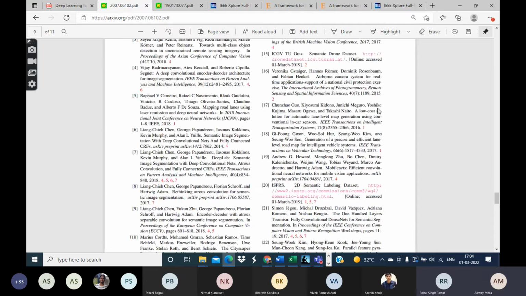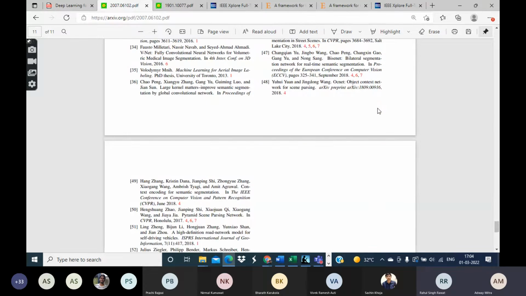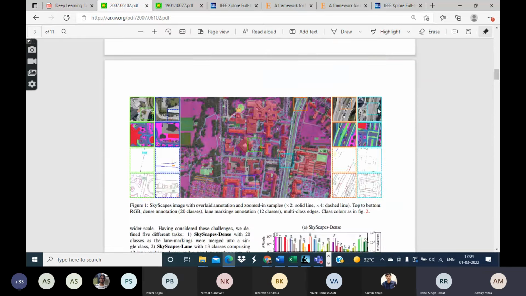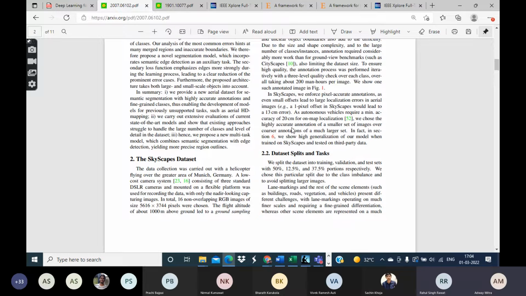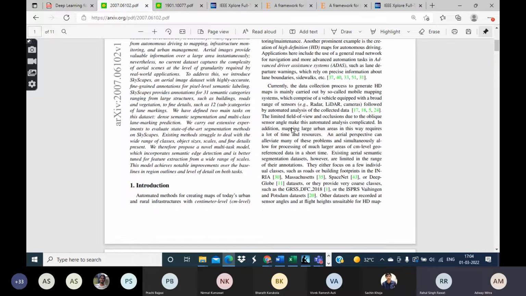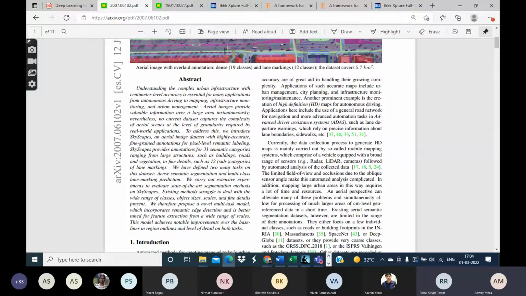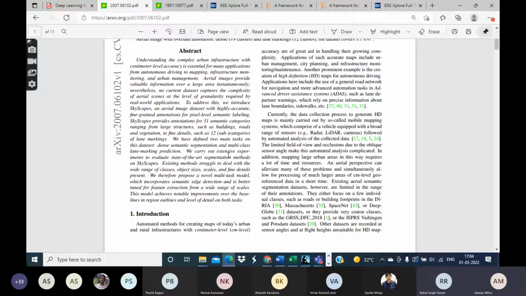So anyway, this is one interesting paper which touches upon the concepts of, not object detection, the semantic segmentation as well as domain adaptation. The catch here is that the images they deal with are mostly RGB images captured from a helicopter.